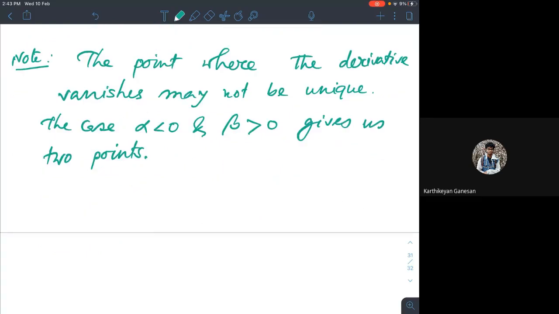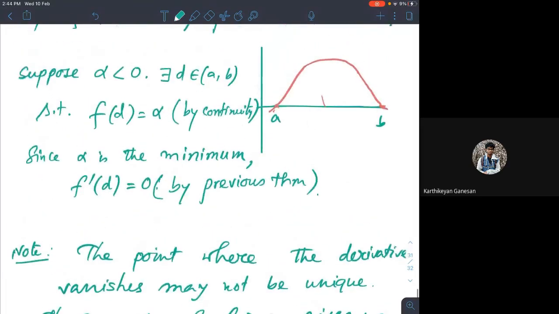So there are some cases where you get more points. So this is one case, right? All right.